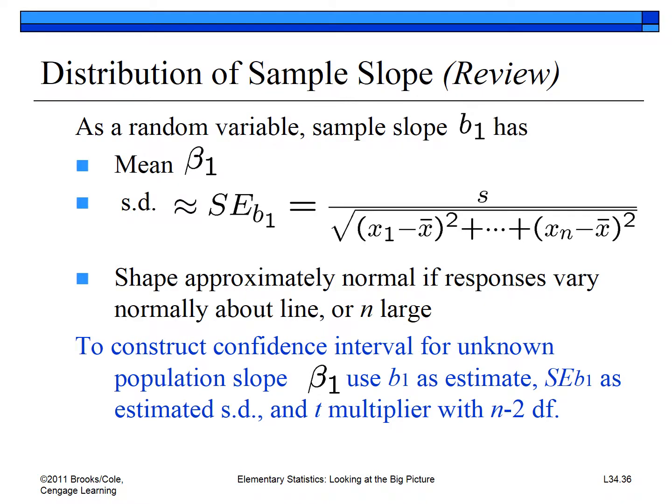To construct confidence intervals for that slope, we'll use B1 as our point estimate, the standard error for B1 as the estimated standard deviation, and we'll choose the appropriate t multiplier with n-2 degrees of freedom. If n is really big, for a 95% confidence interval, for example, as always, we'll use 2 as our multiplier.